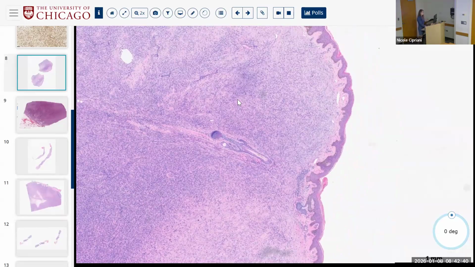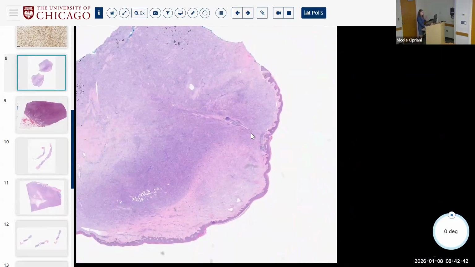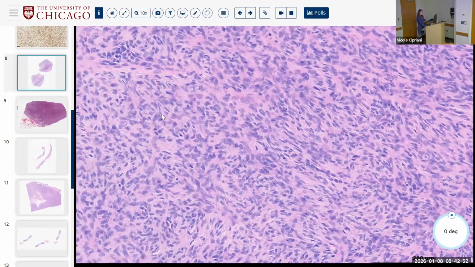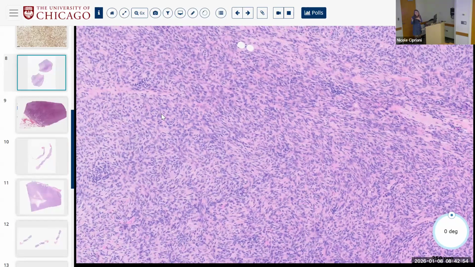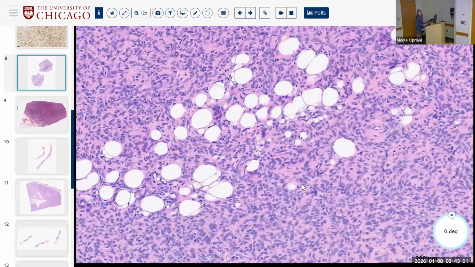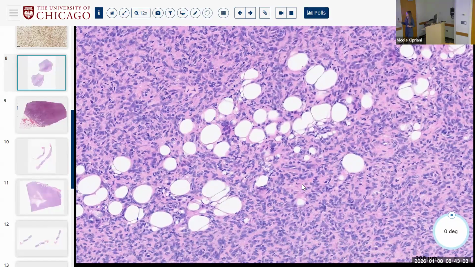But your key here is a few things: the proximity to the skin, the storiform, tightly fasciculated morphology, the basic blandness of the nuclei without many mitoses, and this honeycombing entrapment of fat, which is sort of a buzzword. This tumor doesn't push the fat aside, it entraps it, and it has this honeycomb appearance.